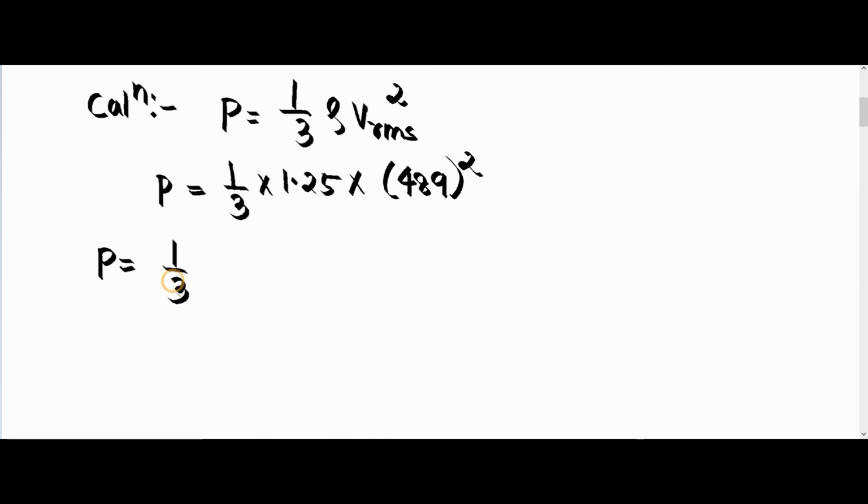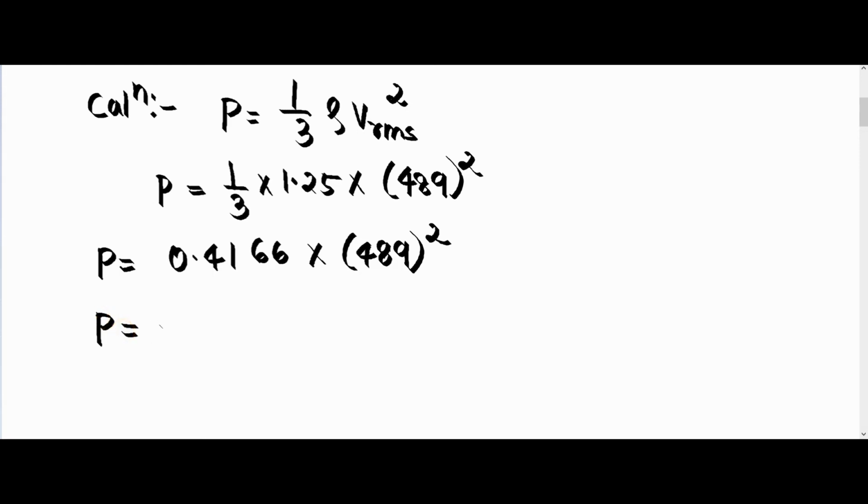So 1 by 3. So let us divide this 1.25 by 1 by 3. We will get value as 0.4166 into 489 raised to 2, that is square of 489.